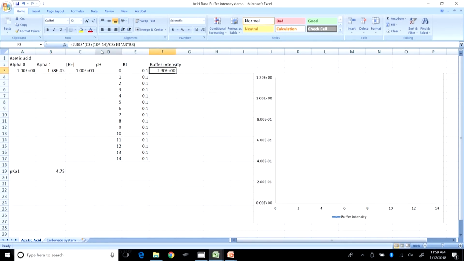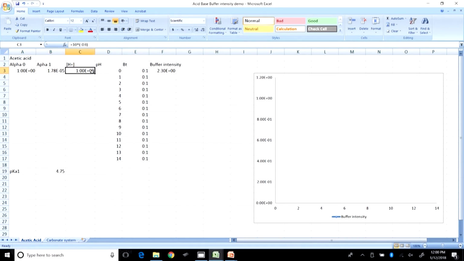For buffer intensity, this has the relevant equation which we just derived: 2.303 times the concentration of H plus plus the concentration of OH minus plus B total times alpha naught times alpha 1. So that is what we have here. Let us plug in the relevant values: alpha naught is H plus by H plus plus K, and alpha 1 is K by H plus plus K. So that is what we have here.